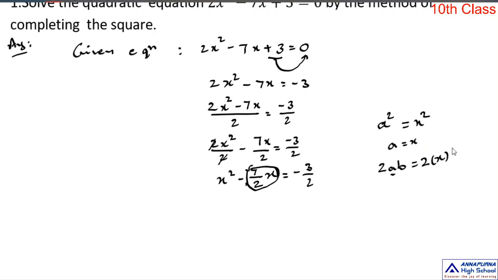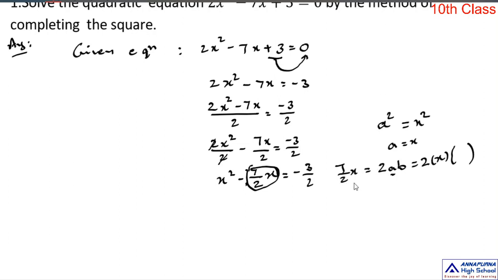Now observe, in the place of b, which value are you taking? This total term changes to 2ab. So actually the second term is 7 by 2 into x.